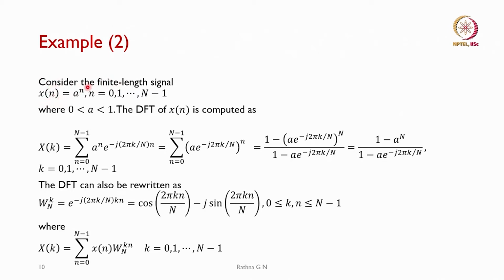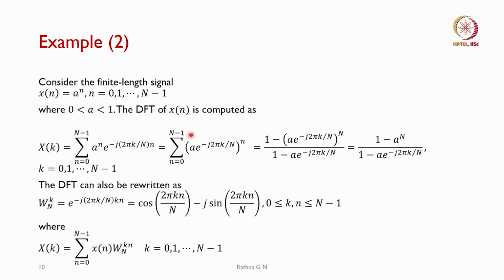Now, we will consider a sequence or signal of finite length, given by x of n equal to a power n, where n is varying between 0 to N minus 1, and a is between 0 and 1. Then the DFT of x of n is computed as X of k, substituting x of n with a power n, and then e power minus j 2 pi k by N into n.